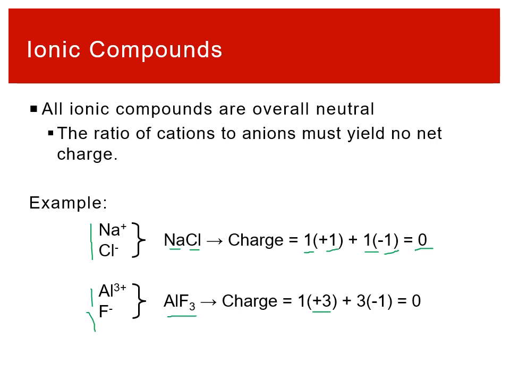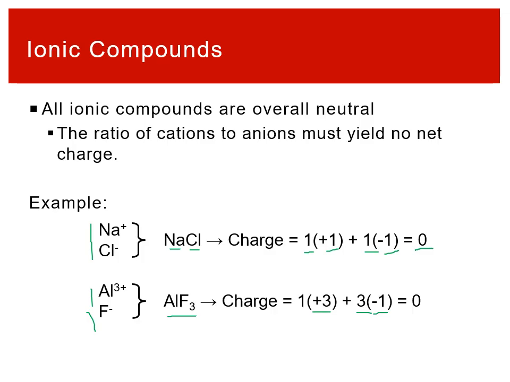But for the fluorides, it's only minus 1, a smaller size of charge, and as a result, we need 3 of those anions. We need more of the lower charge. So one aluminum is plus 3, and then we need 3 fluorides at minus 1, and overall they cancel each other out, leading to a neutral compound.